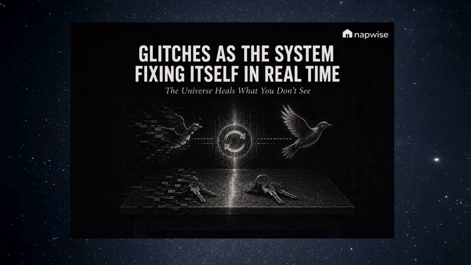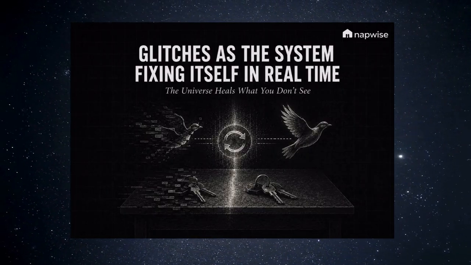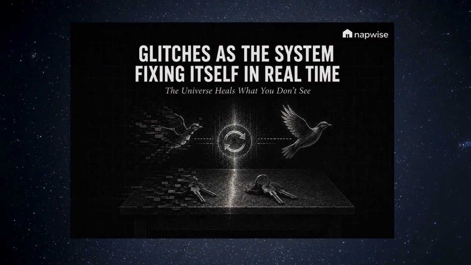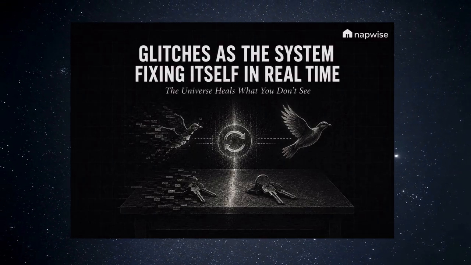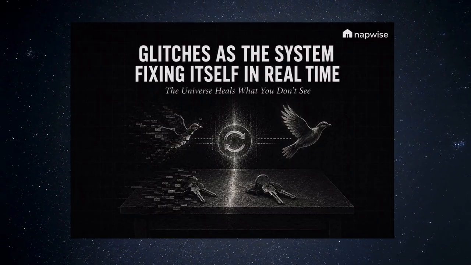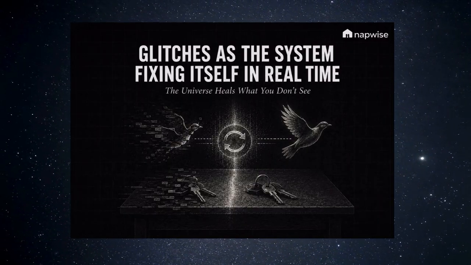In any complex program, minor data corruptions are constant. Particles miscalculate their trajectories. Textures fail to load at the correct resolution. Two physical events attempt to occupy the same coordinate at the same moment. Left unaddressed, these small errors compound into something larger.